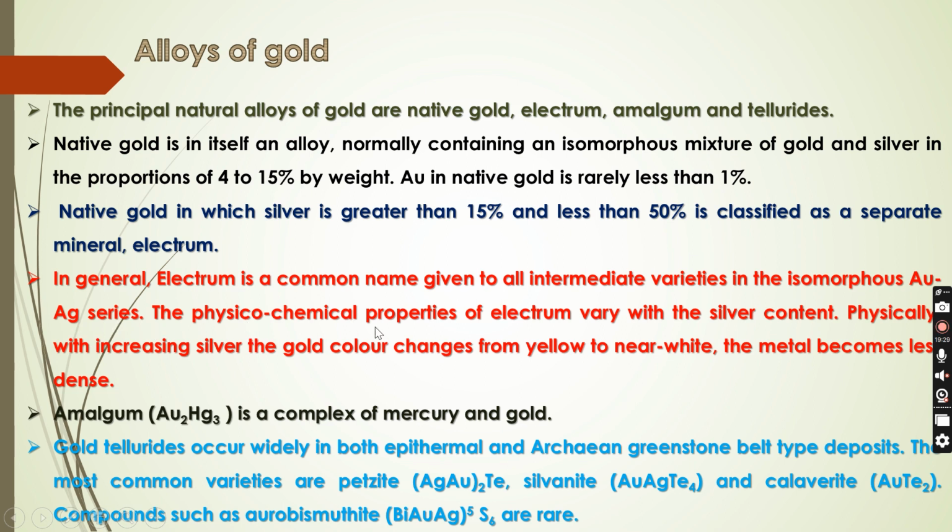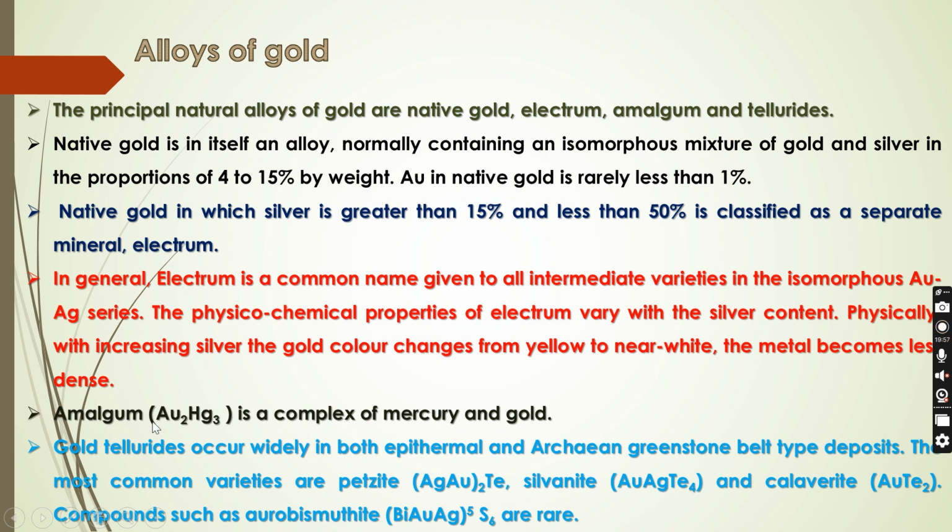And the physicochemical properties of electrum vary with silver content. Naturally, 15 to 50% is a wide range. So physically, with increasing silver content, gold color also changes from yellow to near white. The metal becomes less dense. As much as silver impurity is added, it will become less dense because silver is less dense than gold.